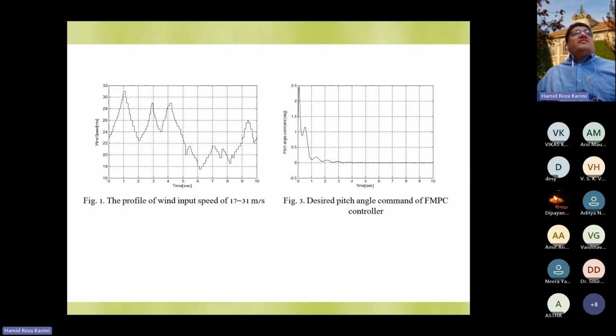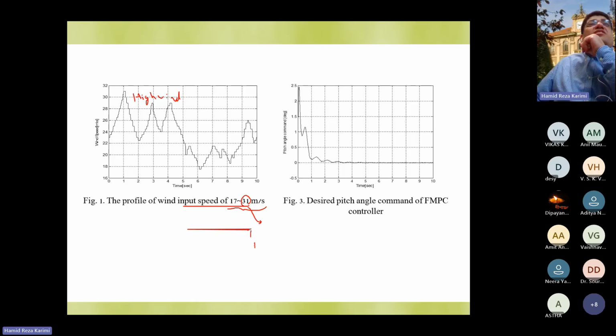Usually this is the high wind. There are three profiles. If the average of the wind is around 20, this is a very strong wind, and this means that for this range of the wind, even for this 31, it is turbulent.